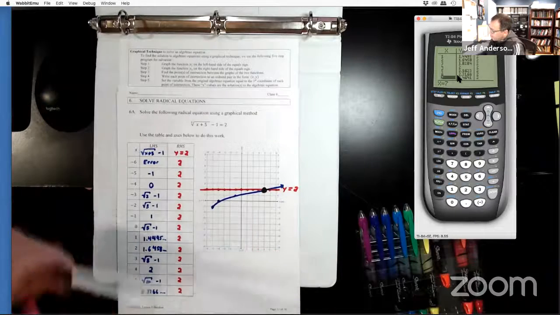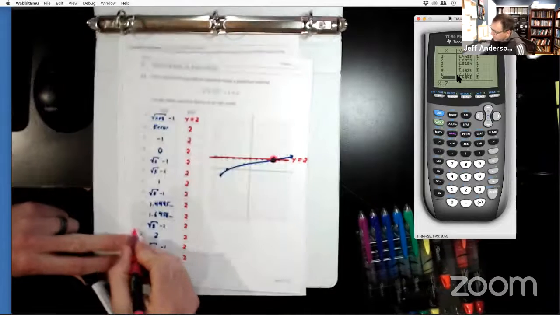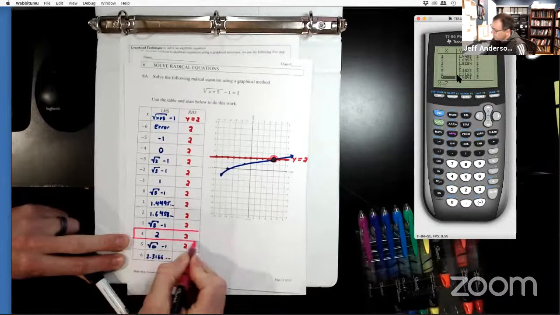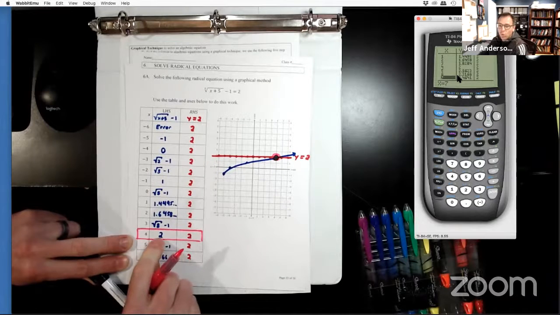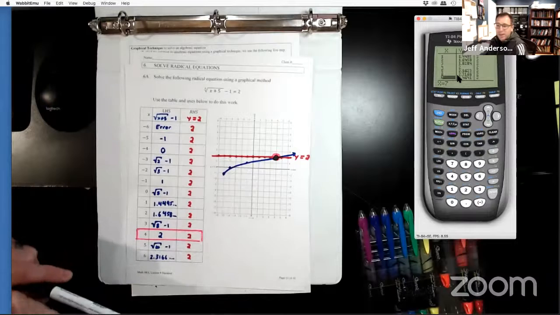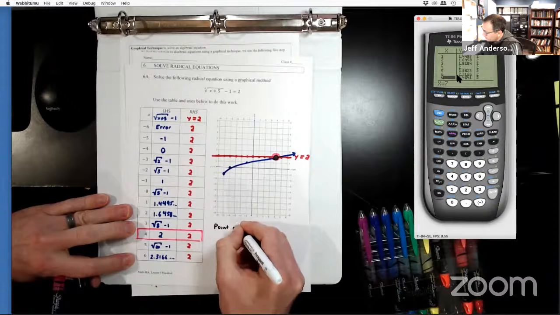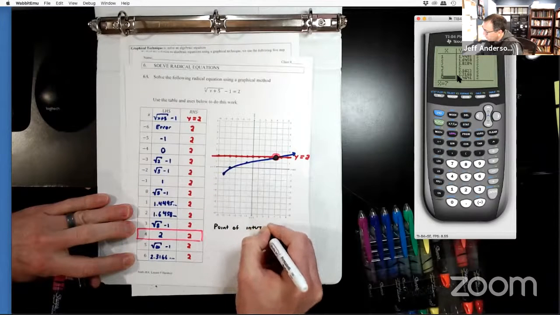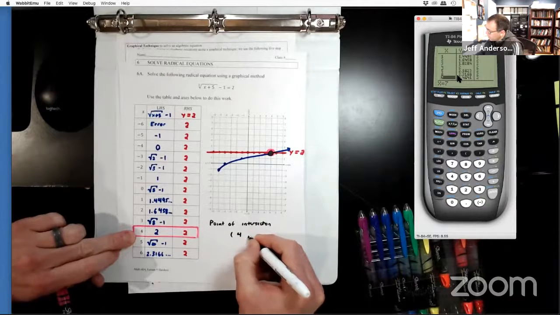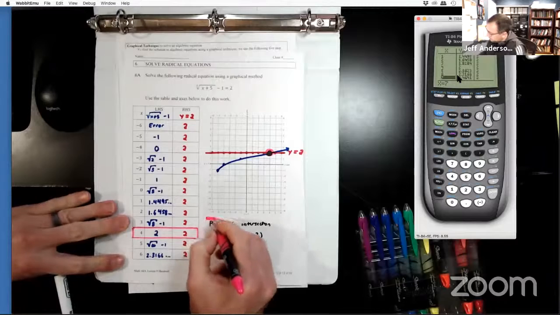We notice that that point of intersection, maybe we'll do it in pink, represents the input value where the two outputs are the same. So the blue output touches the red output. So here we say the point of intersection is at input value 4, output value 2. That's exactly what we saw in pink here.